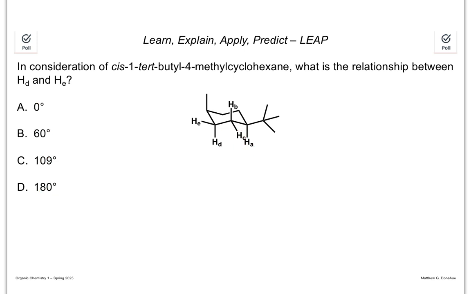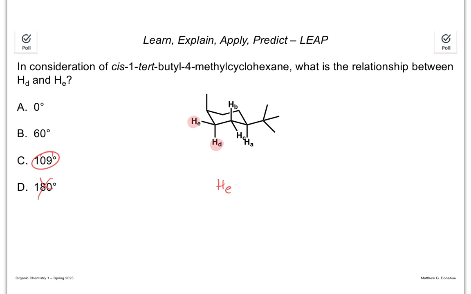And so this might be the tricky one. So D to E, what is that angle? 180. It's not 180. It's 109. So the trick there is I didn't say dihedral, I just said angle. So that's your normal bond angle.